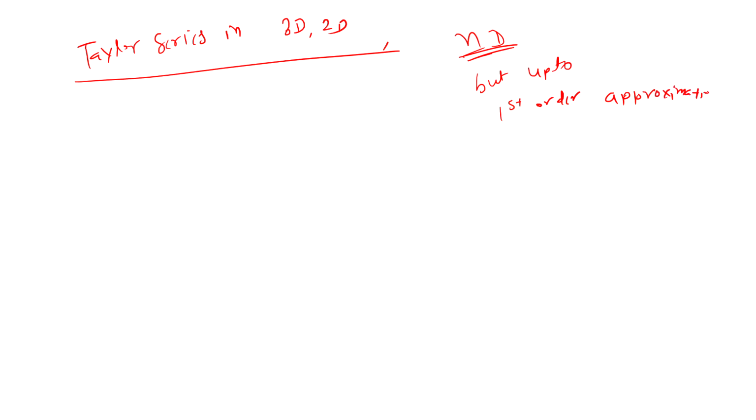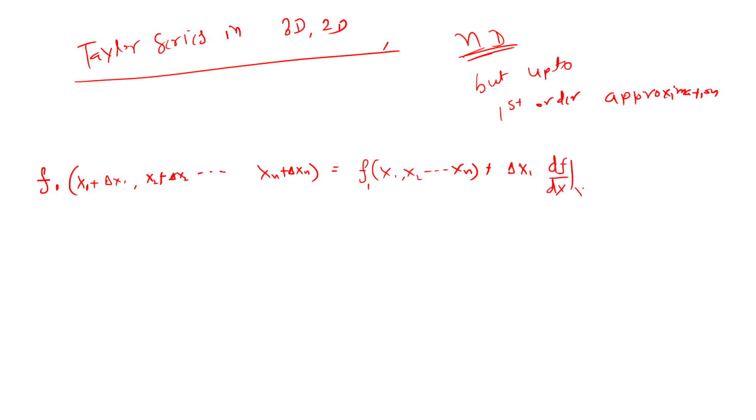So what I am saying essentially here is that for function f1, f1 of x1 plus delta x1, x2 plus delta x2 going up to xn plus delta xn is nothing but f1 of x1, x2 up to xn, plus delta x1 times df1 over dx1 at x1, x2 up to xn, plus delta x2 times df1 over dx2 at x1, x2 up to xn, plus up to delta xn times df1 over dxn, where x1, x2 going up to xn.